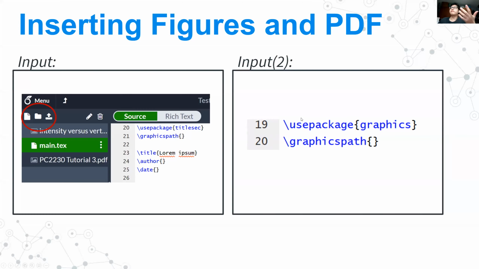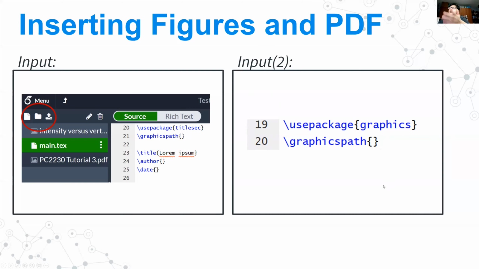To insert figures, we obviously have to use the package graphics, then we need to tell LaTeX where our graphics are located. Since we are using it online, it's just graphics path with empty curly brackets and no argument inside. If you are using an offline one, you need to specify that you want to look into this folder and so on.